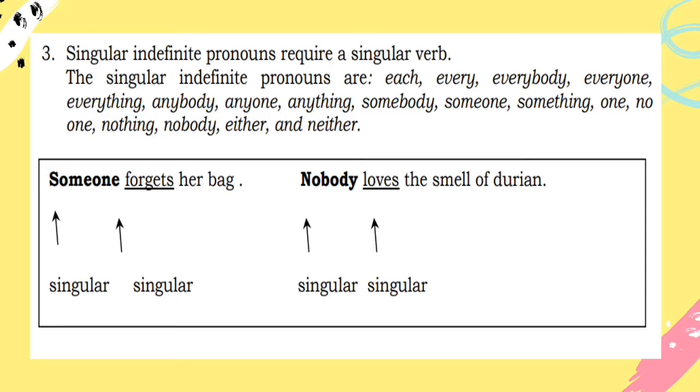Nobody is an indefinite pronoun, so it requires a singular verb. So you add S. So nobody loves the smell of durian. We can also use other singular indefinite pronouns such as everyone. Everyone is happy.